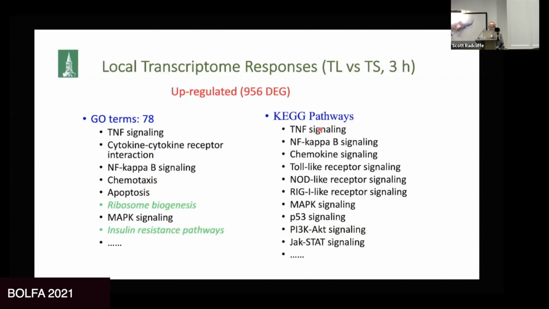This is supported by KEGG, which is mainly cytokine signaling, potentially insulin signaling, and JAK-STAT signaling. Those are the local changes at 3 hours.